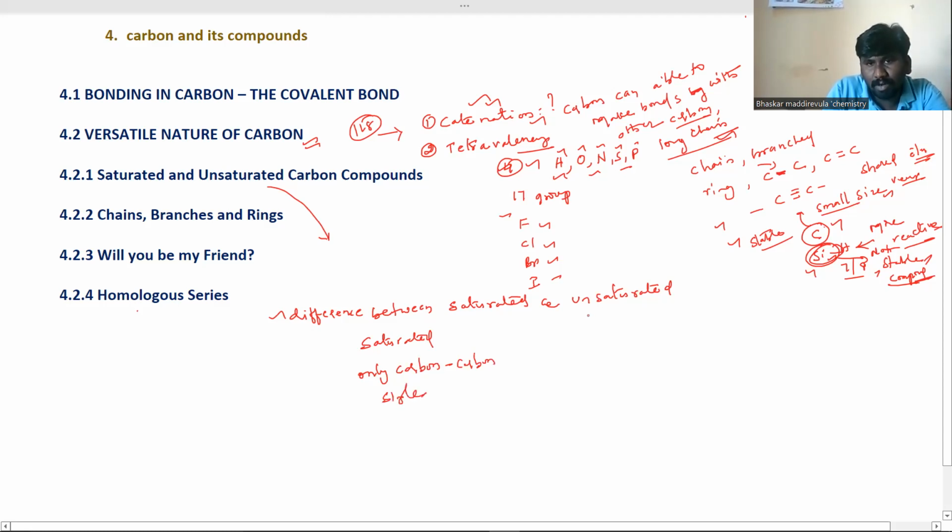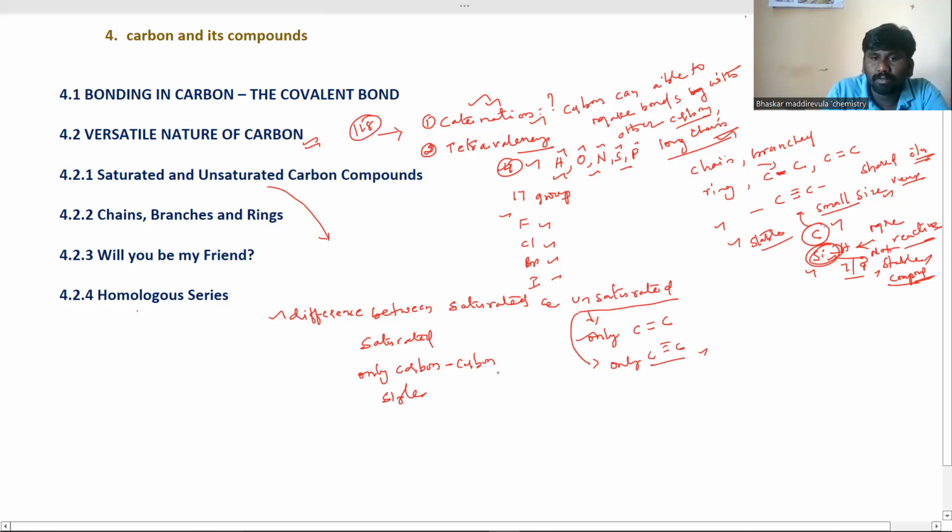What about unsaturated carbon compounds? They have only carbon double bonds or only carbon triple bonds. So this unsaturated carbon compound contains carbon double bonds or carbon triple bonds.